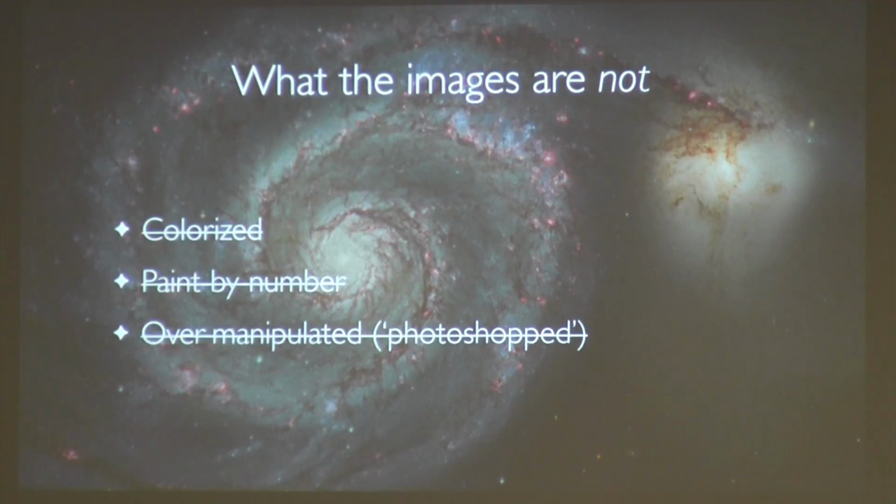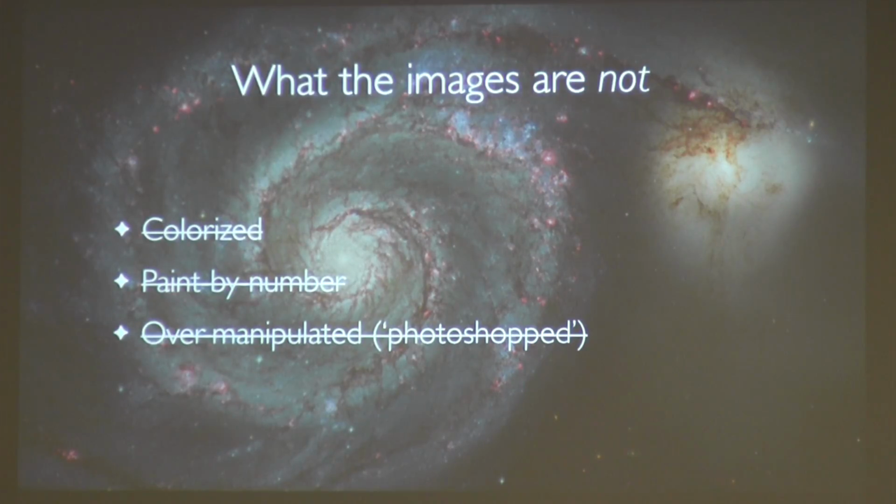So just to reiterate, we're producing images from data. We're not colorizing images like movie studios might introduce color into an old black and white movie. That's not what we're doing. It's not paint by number.